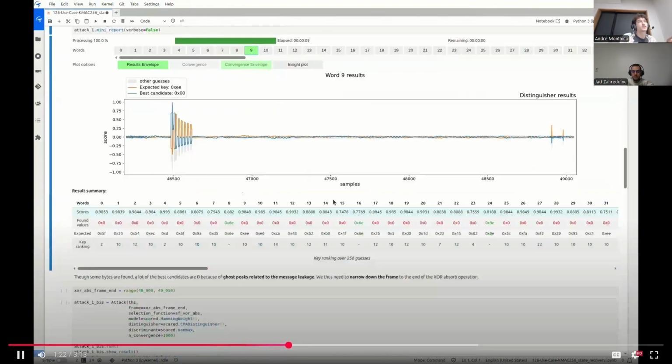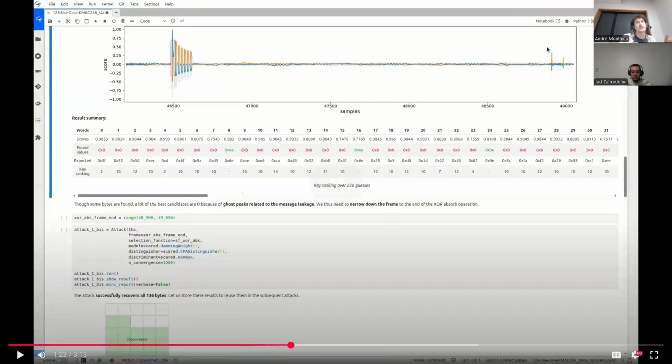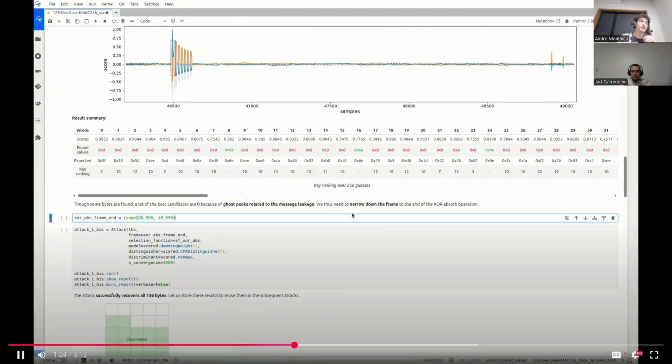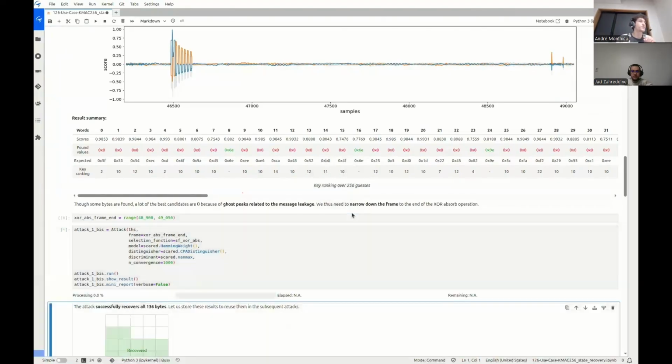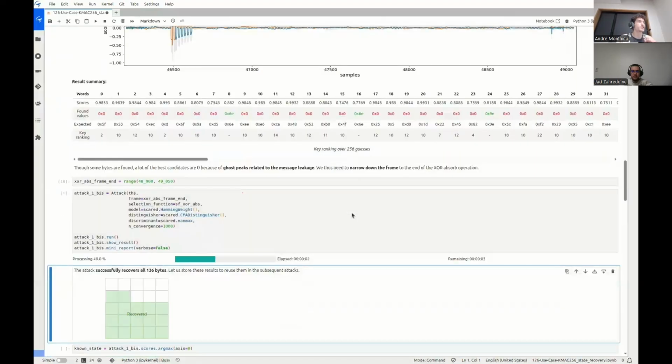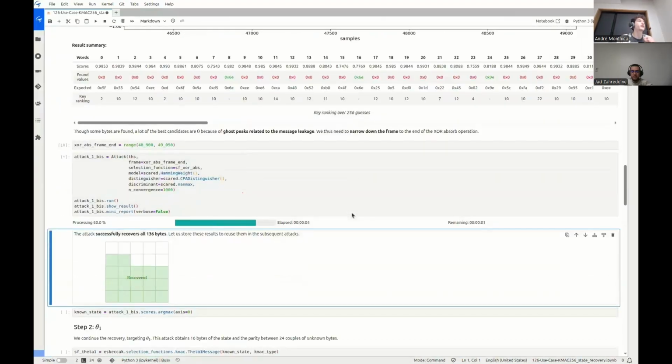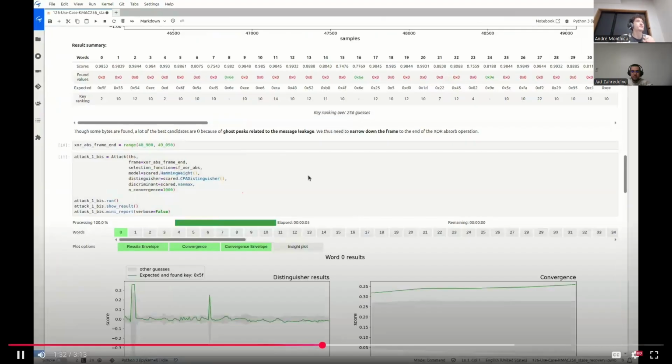What we decided to do is that we noticed that at the end of the operation, we see some leakage peaks. And so we refined that frame to the very end of the computation of the absorbing XOR. So we just changed the frame to exclude the leakage of the message, reran the attack, and this time we're happy.